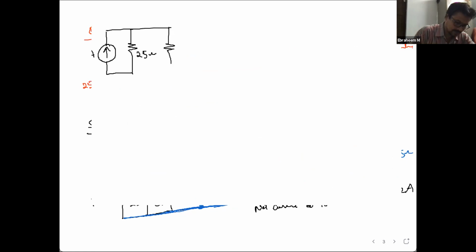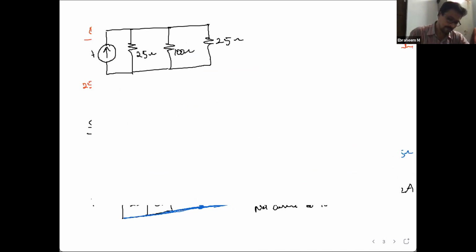25 ohms, 100 ohms, another 25 ohms. So the voltage across any of these is the same. So what is the total resistance of these three? 25 parallel 25 is equal to 12.5, and 12.5 parallel 100 is equal to how much?